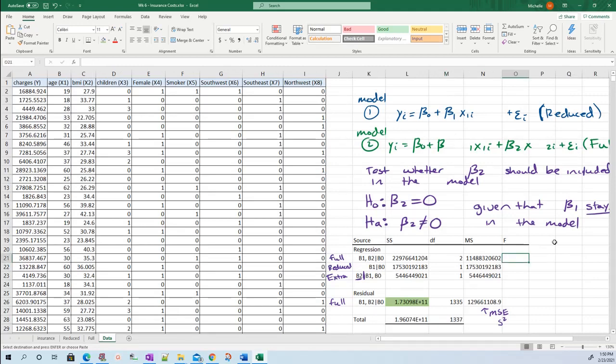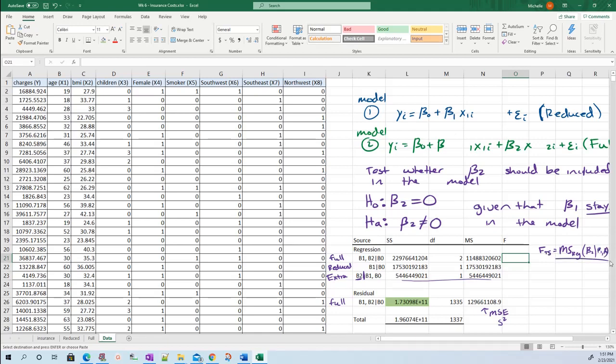All right, so now your F statistic. How do you calculate your F statistic for this test here? The F test statistic is going to equal the mean squared regression for this extra, for this guy right here. So the extra sum of squares. So how much did adding beta 2 help, basically?